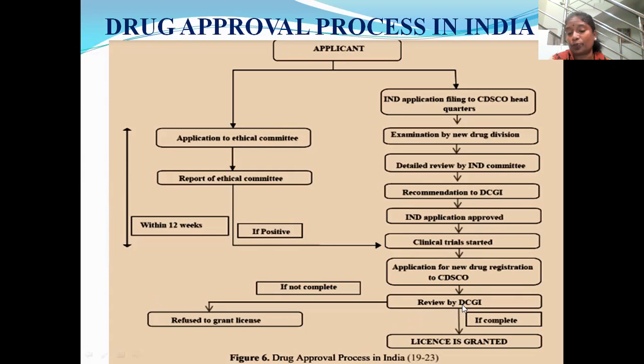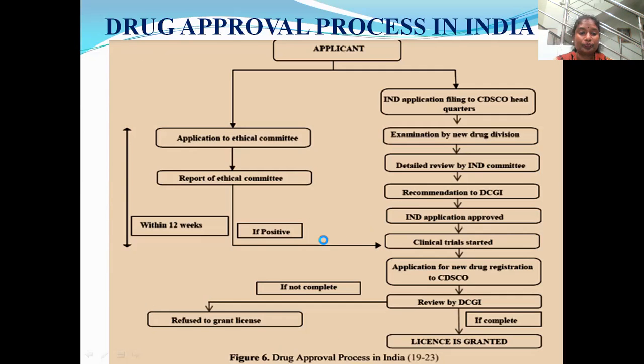If any issues arise pertaining to the Drugs and Cosmetics Act 1940 or the Rules of 1945, the DTAB and DCC give advice. After completion of the review, if everything is in order, the license will be granted. If not, they refuse to grant the license. This is the drug approval process in India.